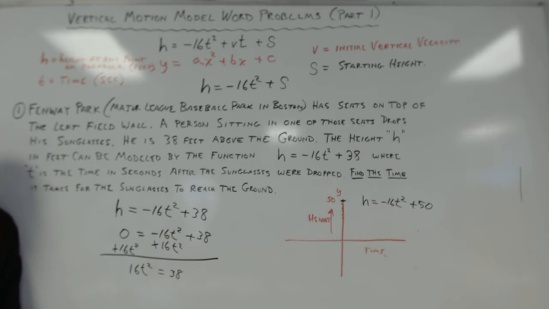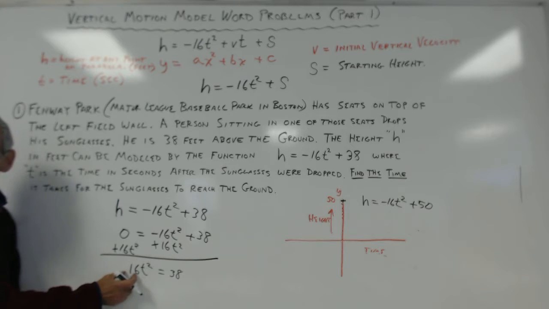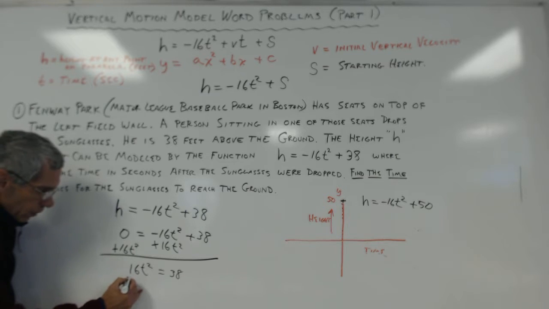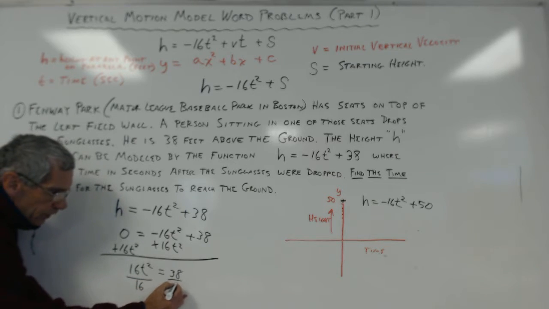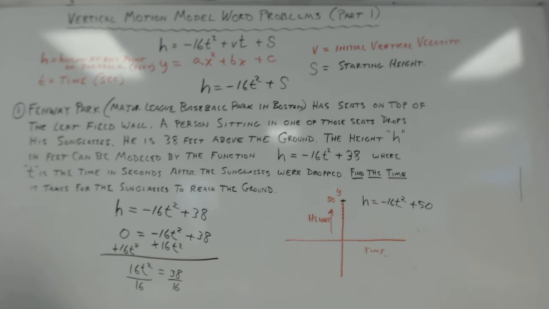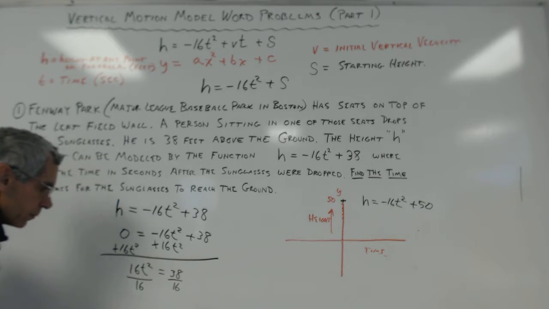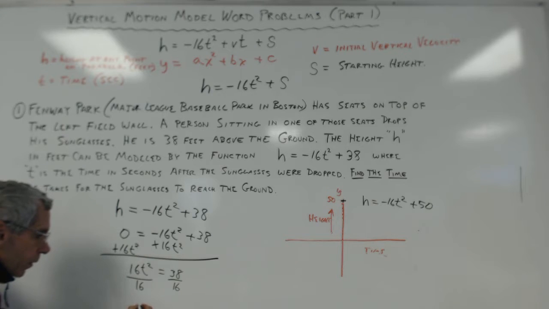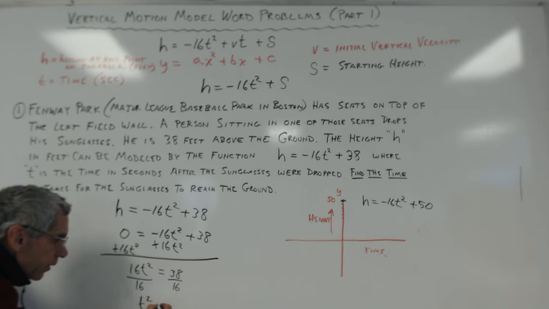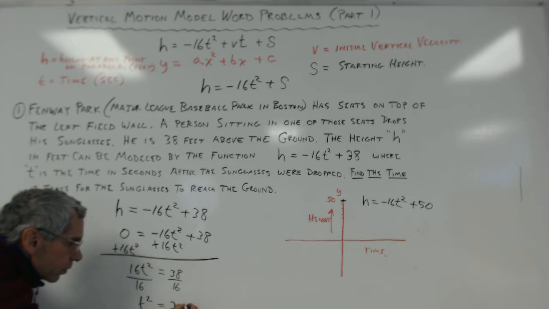Now what? I don't want that 16 in front of the t either. I want to say just t equals. So I got to get rid of the 16, divide both sides by 16. Let me get out my calculator. So 38 divided by 16, is that what we're doing? Yep, 2.375. So t squared is equal to 2.375.